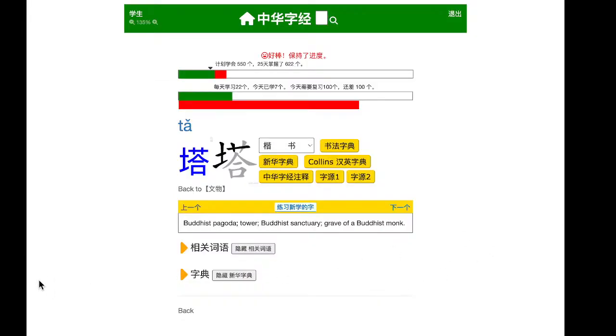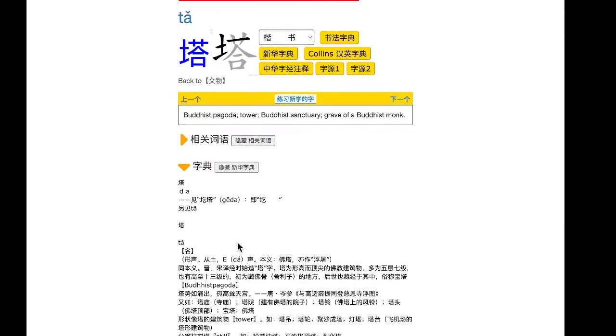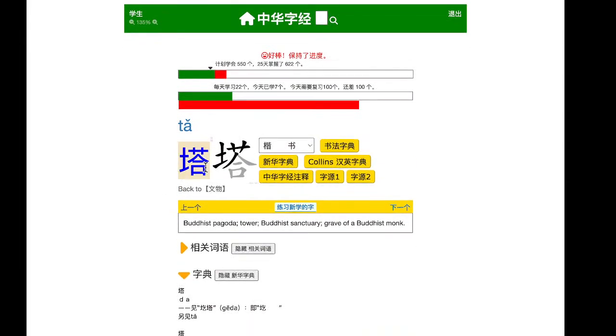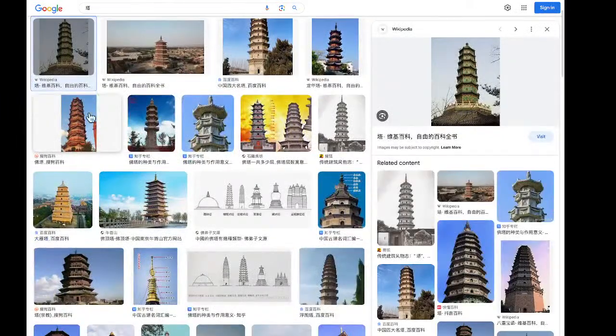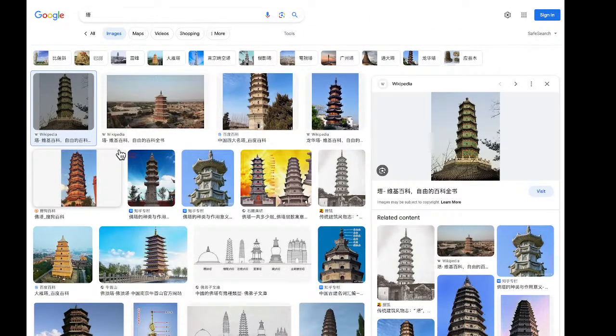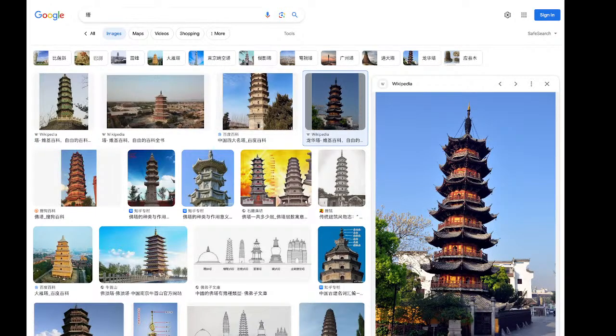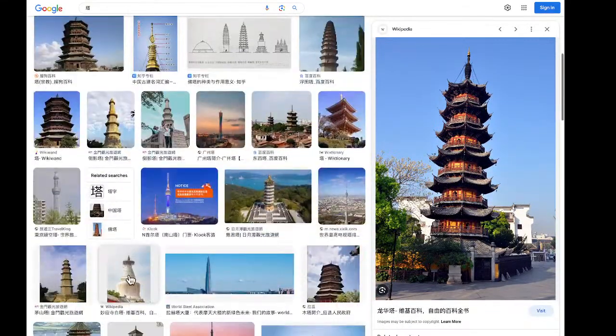Ta. Ta is a tower, specifically originally referring to the Buddhist pagodas. If you could see pictures of those, these things with the sides, I think they're like 8-sided, and they got the little pointy roofs on each level.